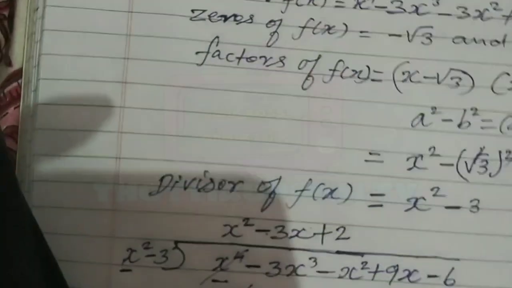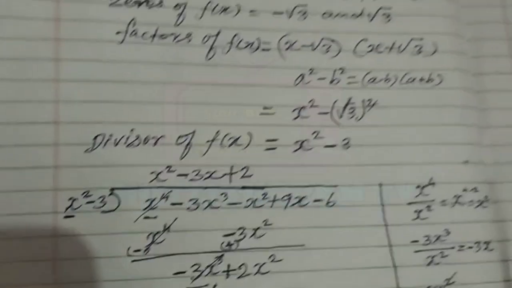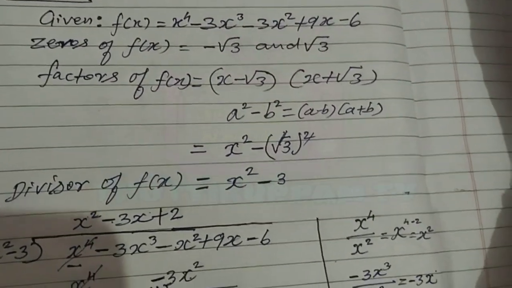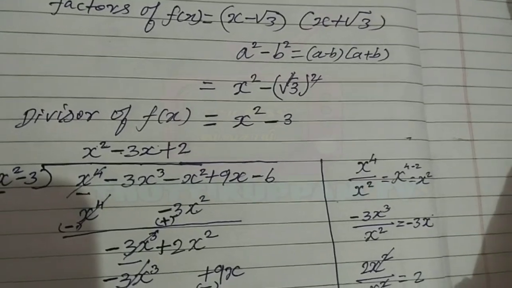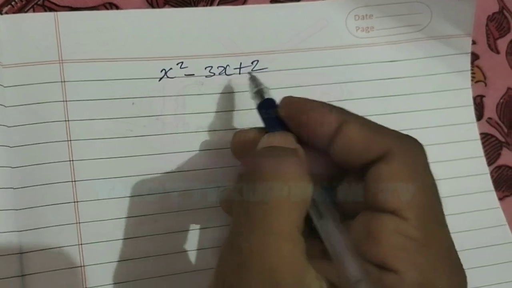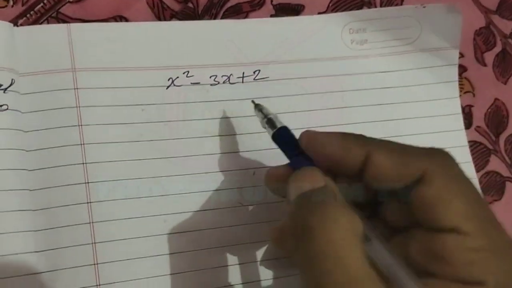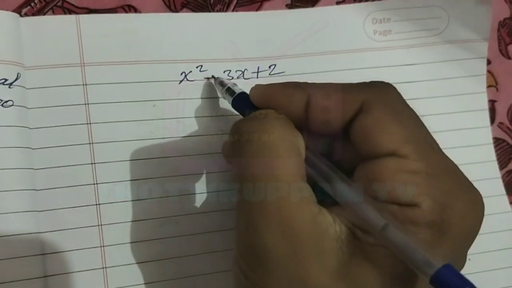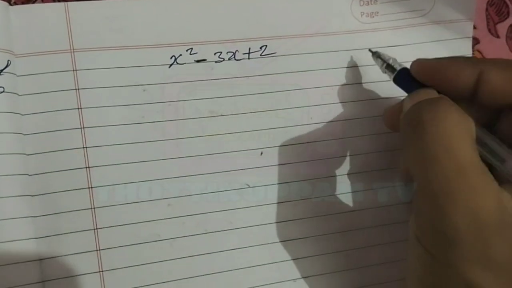Now we have to write again this quotient x square minus 3x plus 2 I have written here. Now I am going to do the factorization.